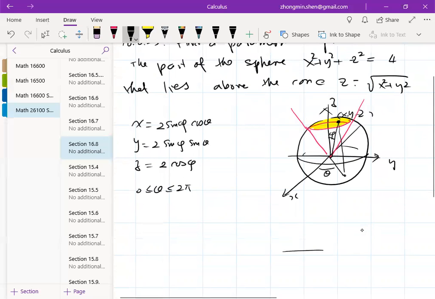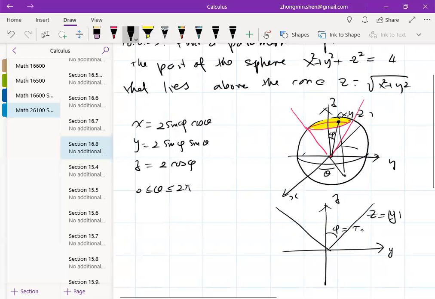So look at the two-dimensional picture. This is y, this is z. The cone on the yz plane, because x is 0, z is just equal to the absolute value of y, since z is the square root of y squared. So there are two sides. This is the largest possible phi.